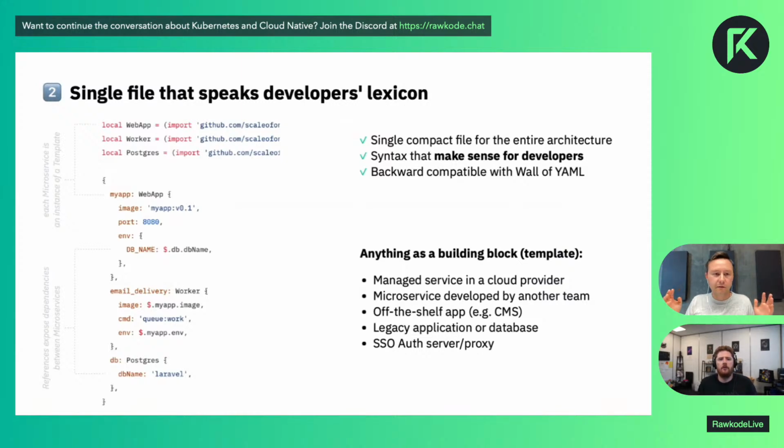So there are plenty of ways to encapsulate your very specific things within these templates. But at the end of the day, you have a very short file, which is, by the way, backward compatible with all that wall of YAML, and all the syntax within that file makes total sense for developers.